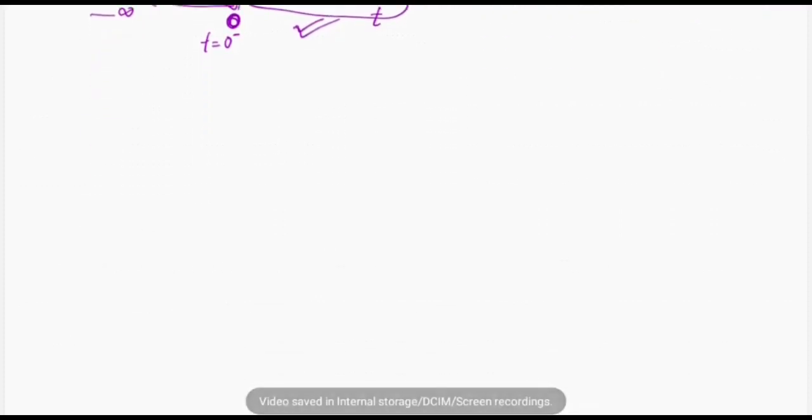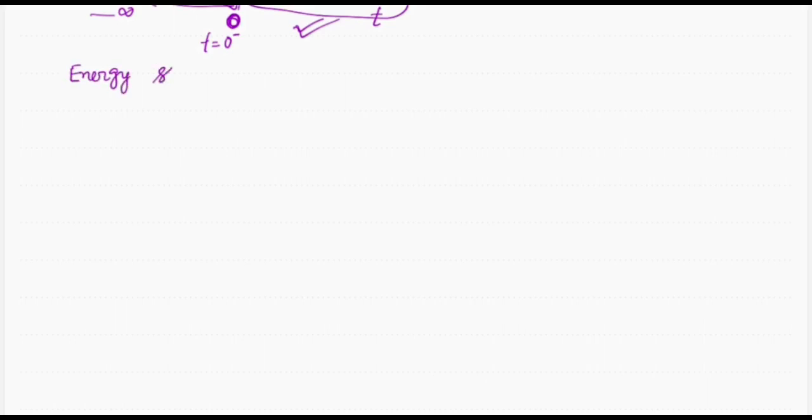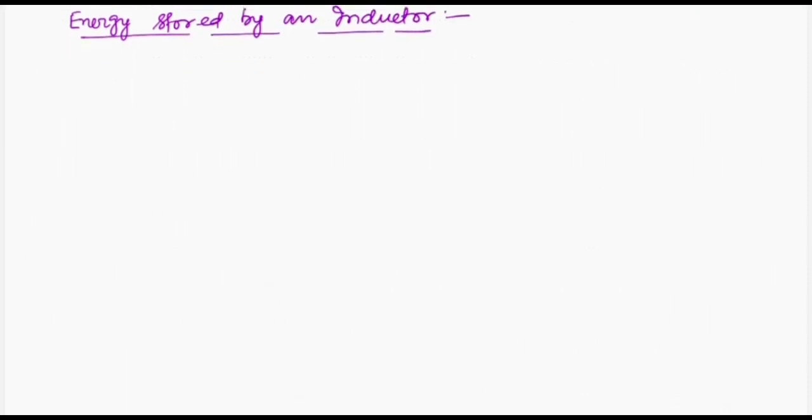Now let us establish a relation for the energy stored by an inductor. Let us consider an inductor having a value of L, let i be the current flowing through this inductor and V be the voltage across the coil of the inductor.